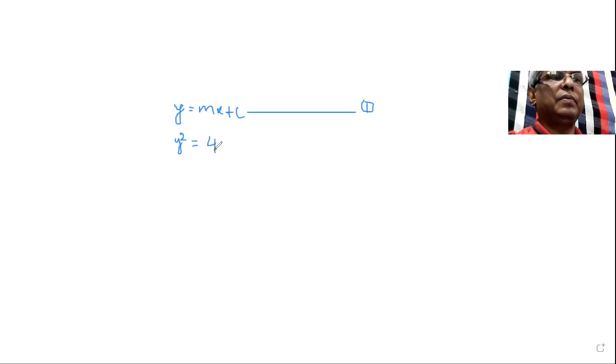This is your y is equal to mx plus c. This is the line. Take it as equation 1. And the equation of the parabola that we are taking here is y square is equal to 4ax.